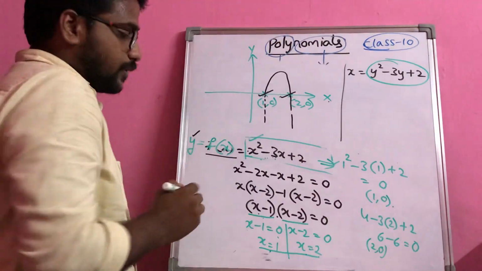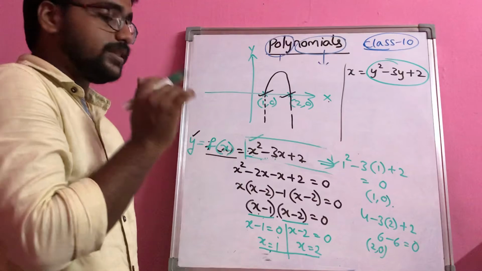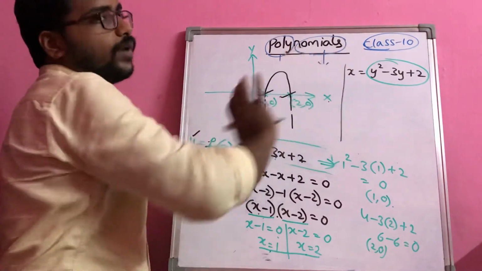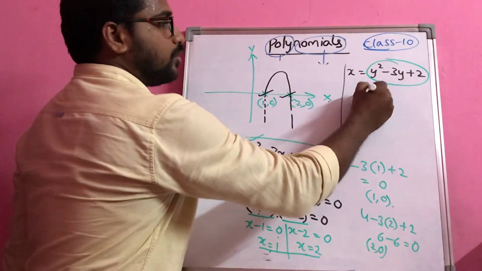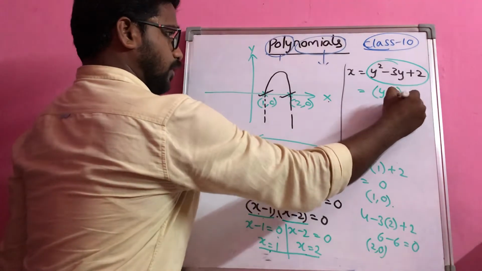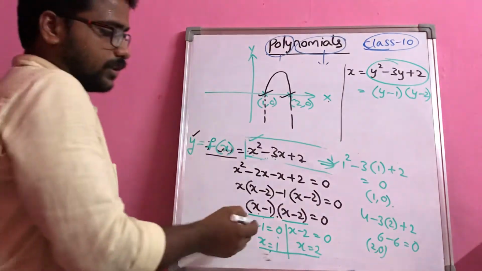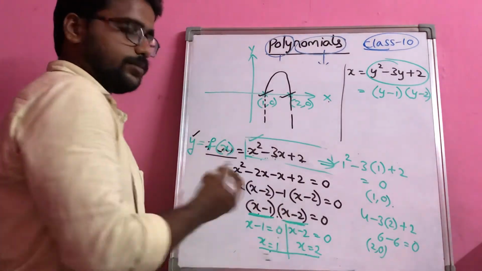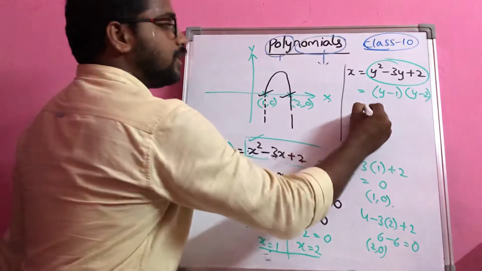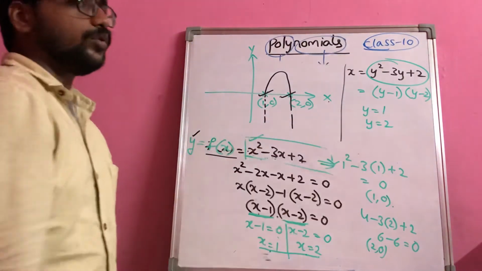The terms are almost the same, but the only difference is that instead of x you have y here. So if you simplify this, at the end you will get y minus 1 into y minus 2, just as you got x minus 1 into x minus 2 before. So the value of y will be 1 or y is equal to 2.